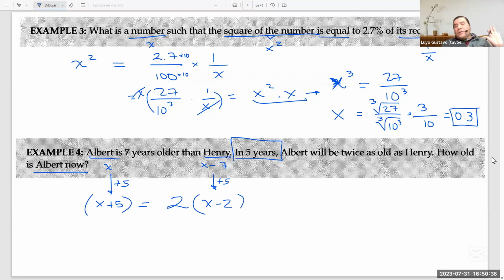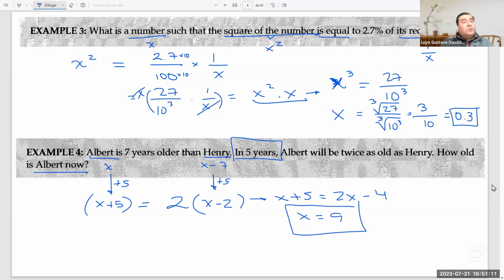So there is your equation already set up. Just an equation with a single variable. So you can solve for x plus 5 equals 2x minus 4. And what does this yield? That x equals 9. The answer directly to the question, because we defined Albert's age at present as x, then this is the answer, 9.